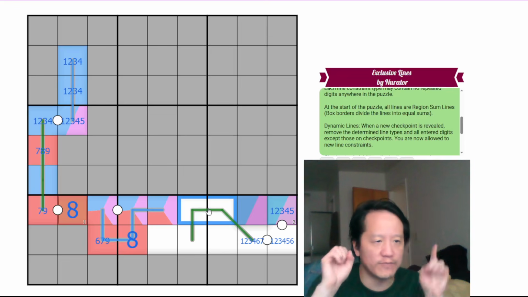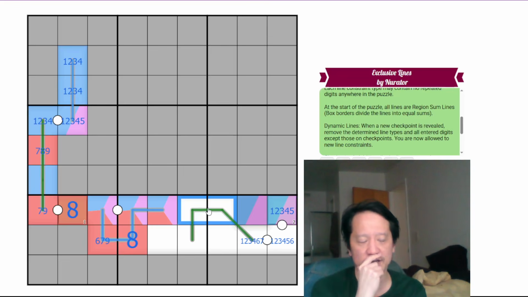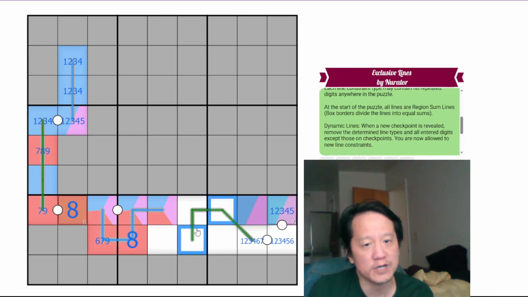Because we can't have 5 on the Whisper 5 line, and that's the only digit missing on the Whisper 5 line. So we have to have 4 available, and we have to have 6 available. Well, 6 can't be either of these, because if this is 6, that would require 1 and 1 to be on the Whisper 5 line, which is not allowed. Same with this. If this is 6, that would require 1 and 1, and we'd have a repeat on the Whisper 5 line, which is not allowed.